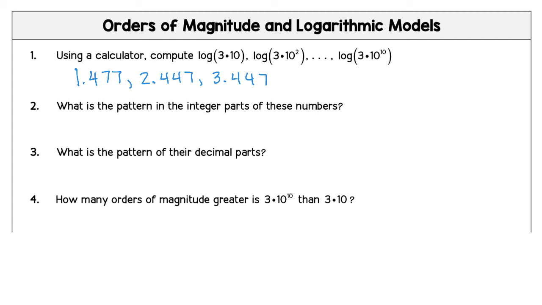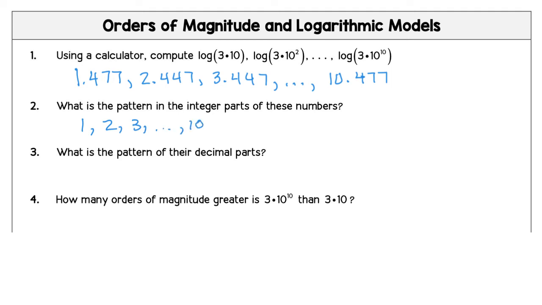I'm seeing a pattern here, and then 10.477. So we see a little bit of a pattern. And question 2 asks, what is the pattern of the integer parts of the numbers? And notice it's really just 1, 2, 3, all the way up to 10.